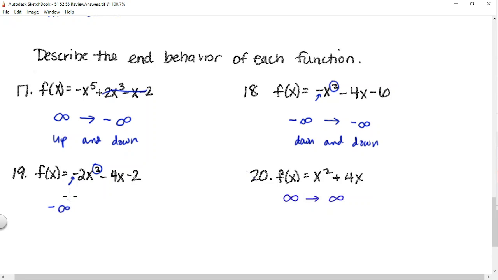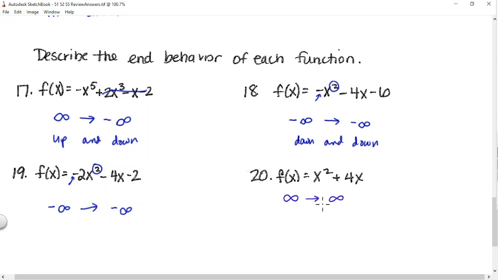When we're coming from the left side, the function value is negative infinity. And the function, when we go all the way to the right, is also negative infinity. Or we could call that down and down, is the other way of saying it.